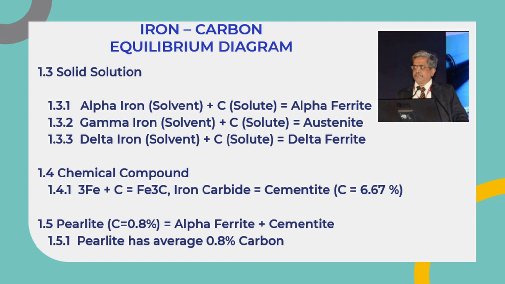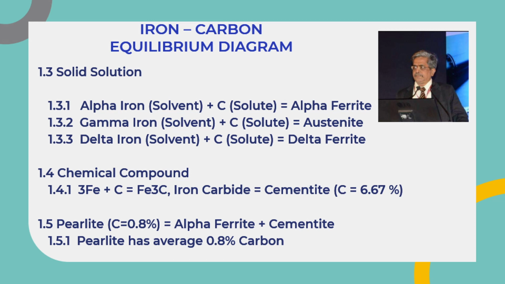When delta iron is the solvent and carbon is the solute, the solid solution is called delta ferrite or delta solid solution. In all the three solid solutions I mentioned above, the solute is carbon whose concentration can vary.